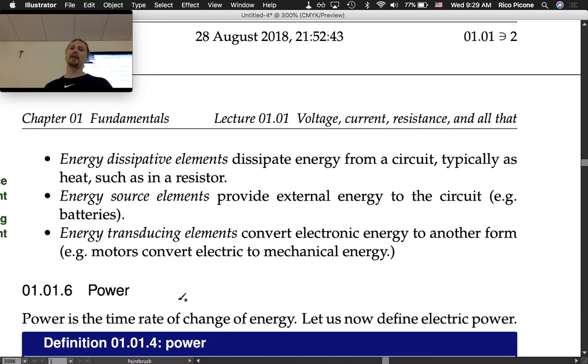Energy dissipative elements dissipate energy from a circuit, typically as heat, such as a resistor. A resistor is the quintessential energy dissipative element. You need resistors a lot. You're not always trying to just dissipate energy with them. You're trying to maybe change the voltage level, for instance. There are a lot of reasons to use resistors.